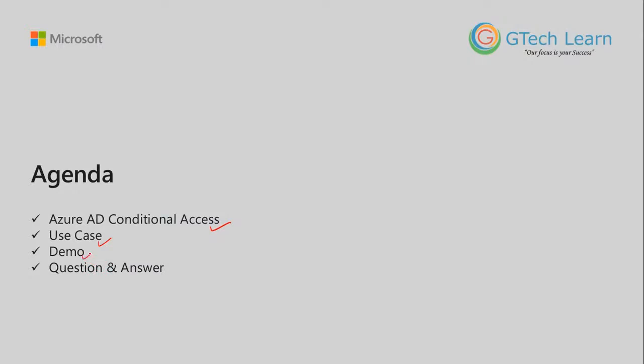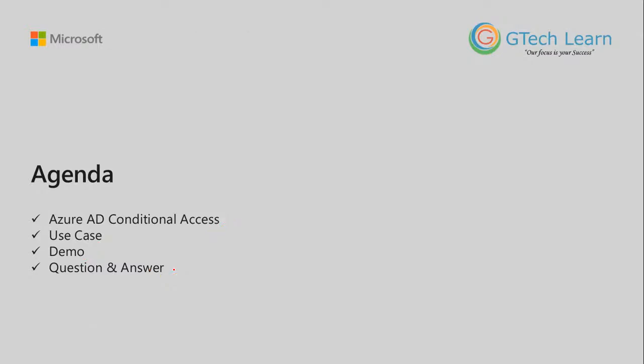Then we have a demonstration of the implementation, showing how we can implement the Azure AD Conditional Access policies in our environment. Then we have a question and answer session at the end of the webinar, once we are done with the conditional access topic, the use cases, and the demonstration.